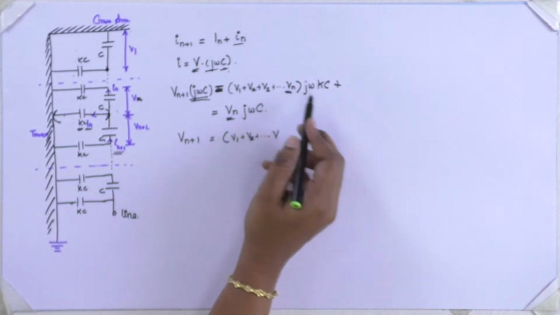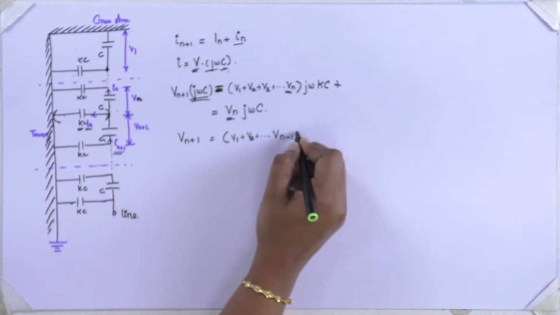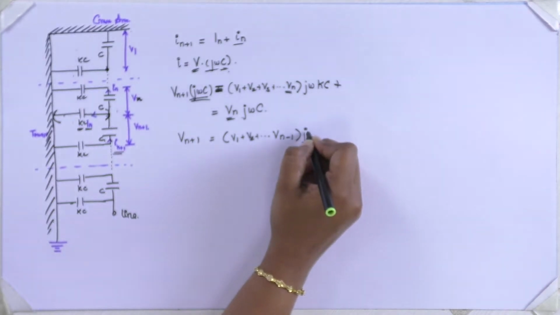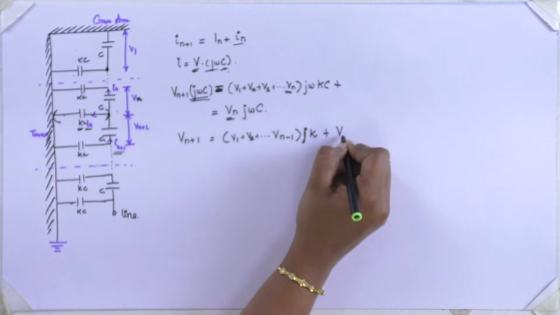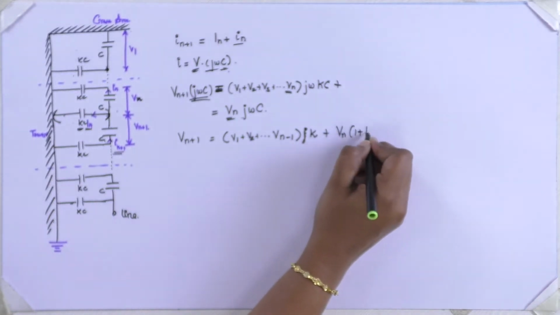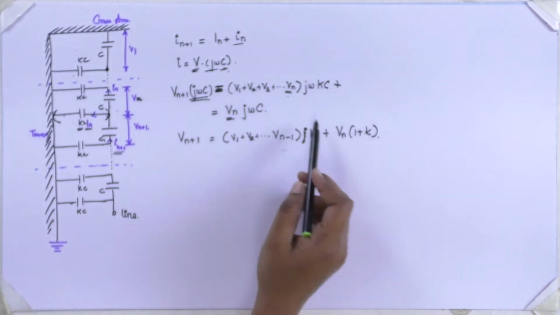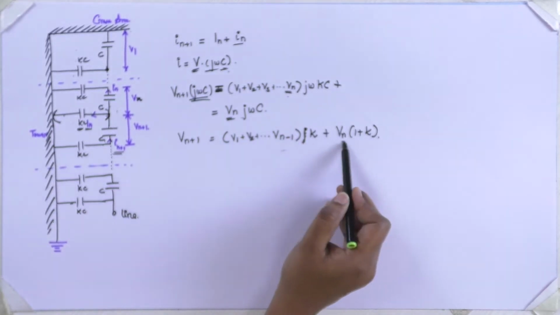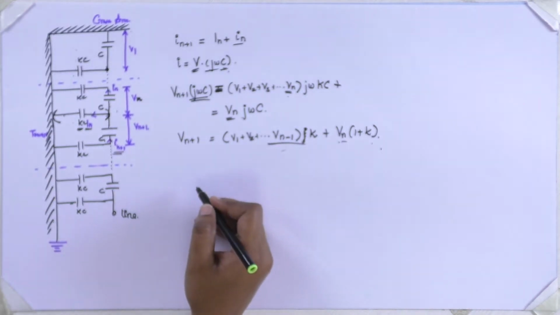Here it is Vn, here it is Vn, so I am taking Vn out. So it will be Vn minus 1, into j omega C taken out, into K, plus the voltage at the nth, Vn, into 1 plus K. Combining these, V2 to Vn, it will be Vn into 1 plus K.